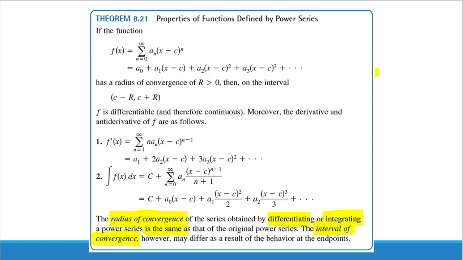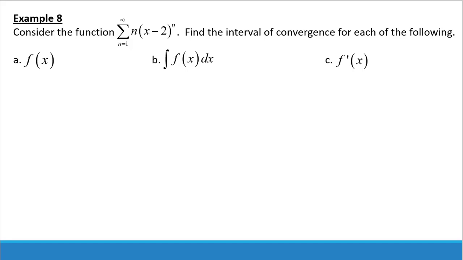Okay, so we consider this function. Find the interval of convergence for each of the following. For my f of x function, I'm going to find the interval of convergence. Actually, before I do that, I'm going to find what this series is.